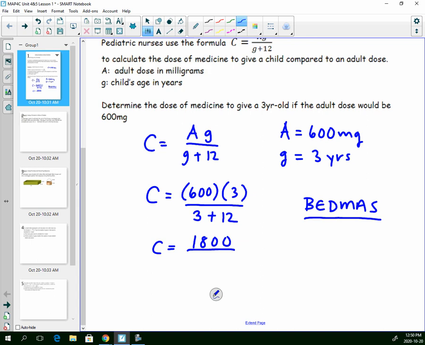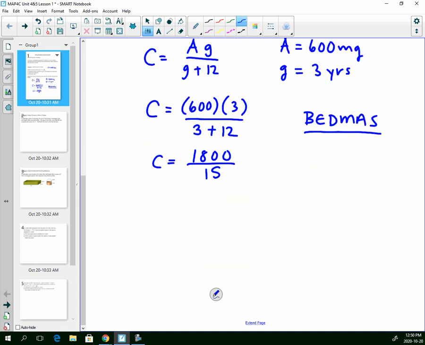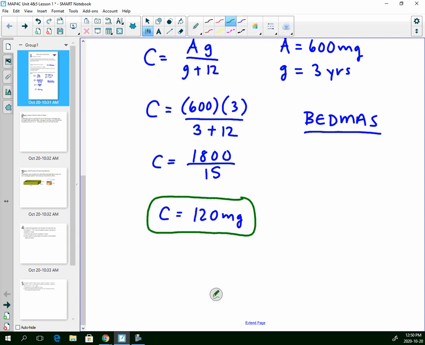And at the same time, I can add the 3 and the 12 because they appear together in the denominator. And then I would just divide 1800 by 15. So 120 milligrams. And then the last thing I want to do is just make sure that that answer seems reasonable.